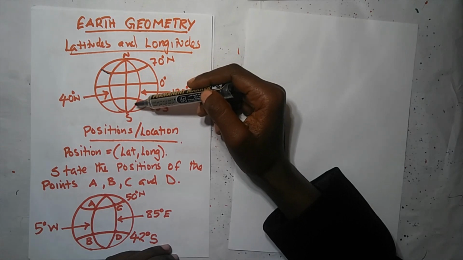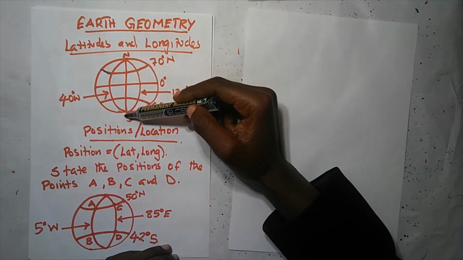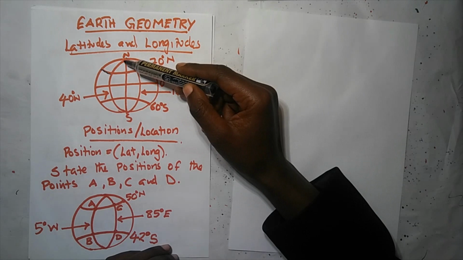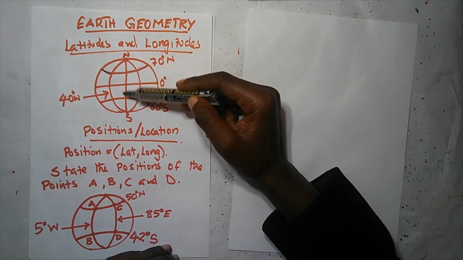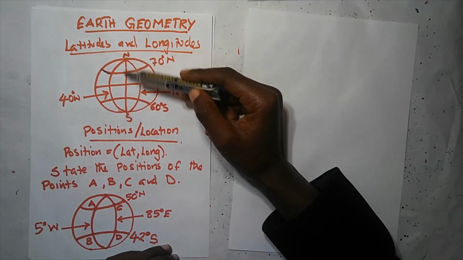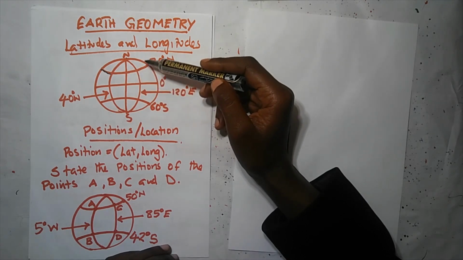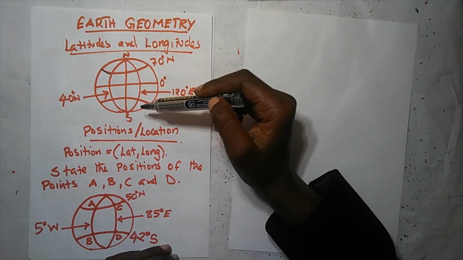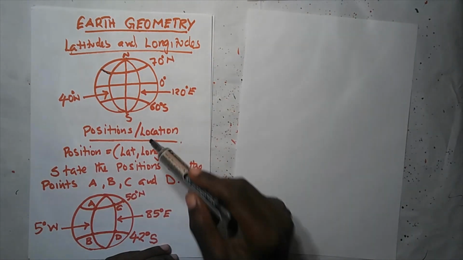And so here in the middle, we have the 0 degree meridian, or longitude, which is known as the Greenwich.